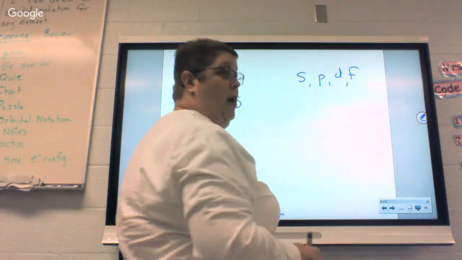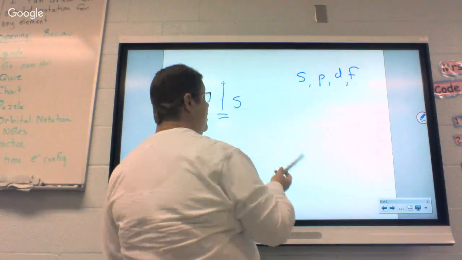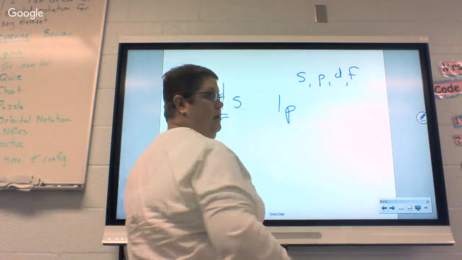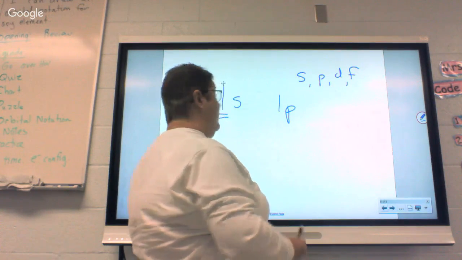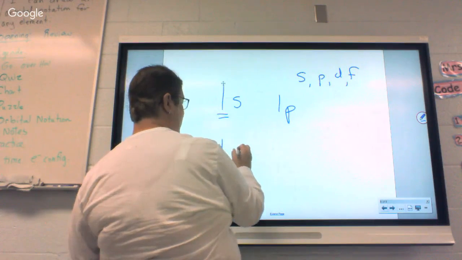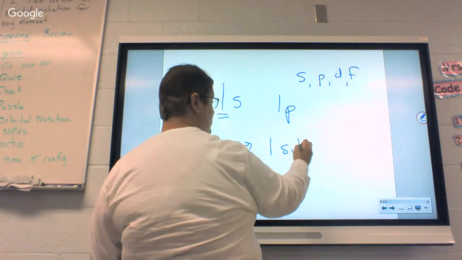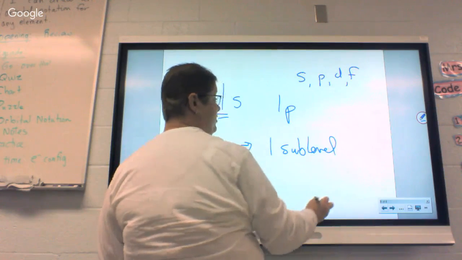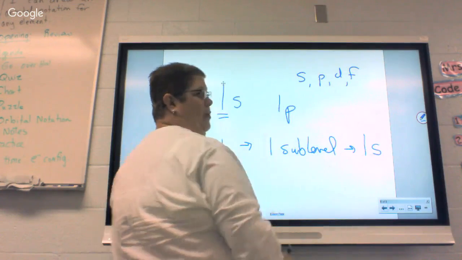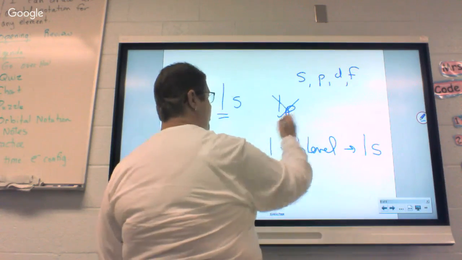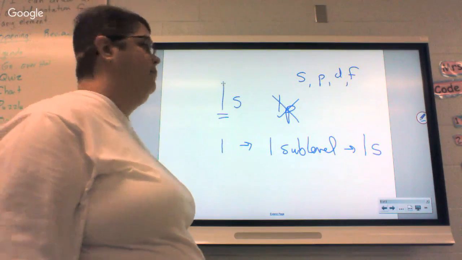So, if you're only allowed one, the first one's name is s. So 1s. Can we have a 1p? No, because if we're in the first energy level, you could only have one sublevel, and that one sublevel's name is 1s. So can I have a 1p? No, I can only have 1s.